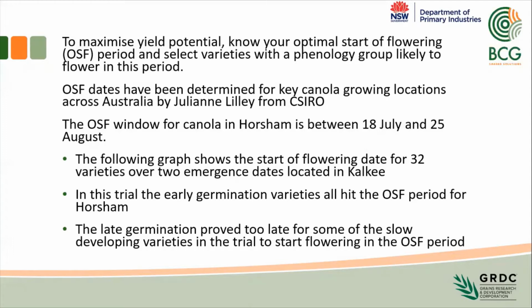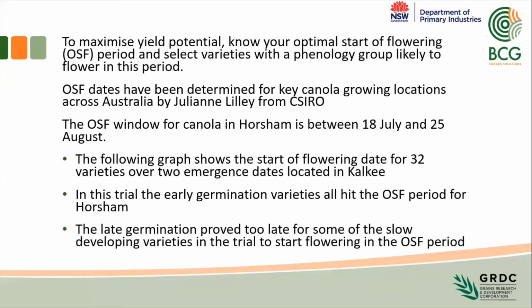So part of this project has involved coming up with an optimal start of flowering period for different varieties. This basically means the optimum window for a certain environment where canola should start flowering. We measure the start of flowering for canola by 50% of plants having at least one fully open flower.